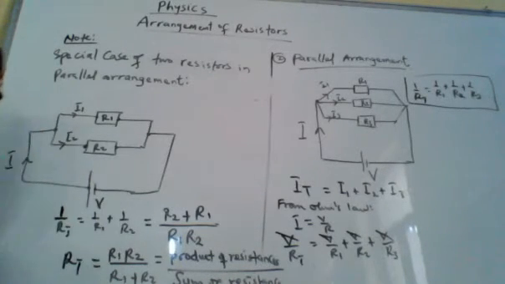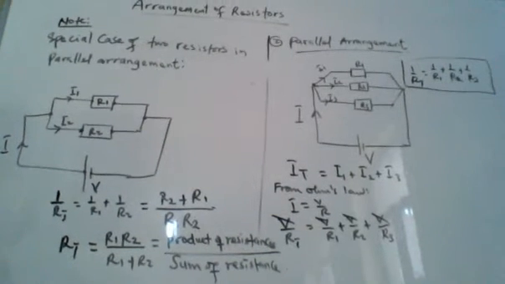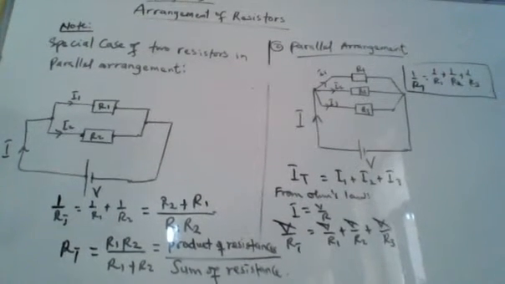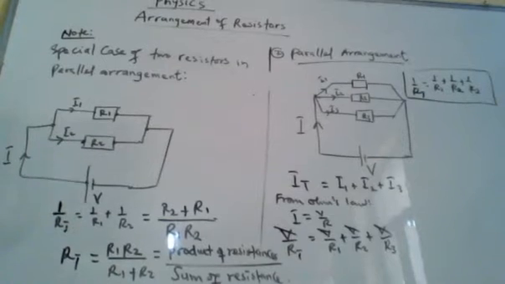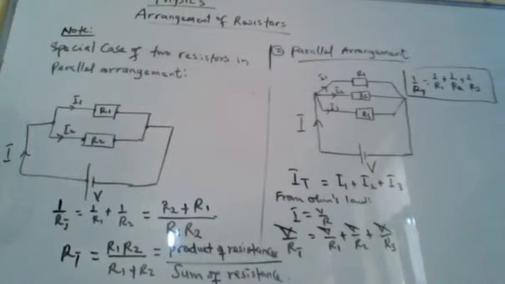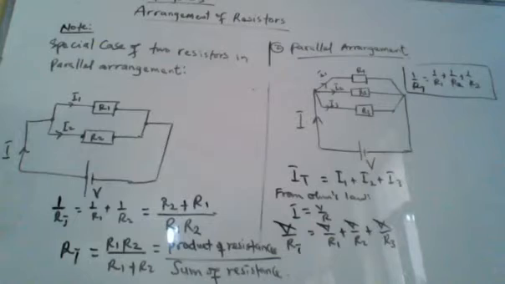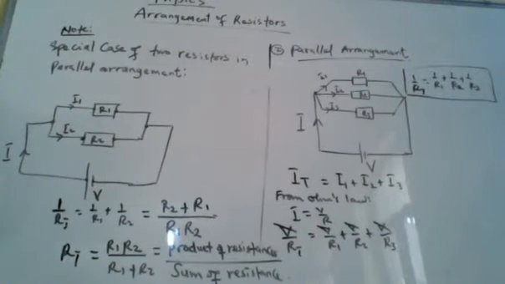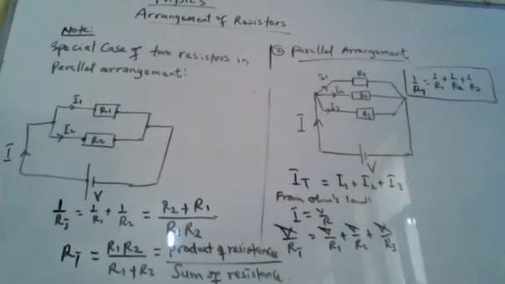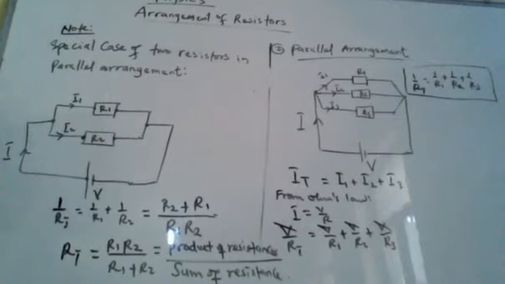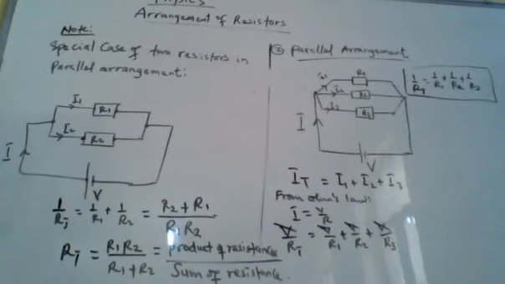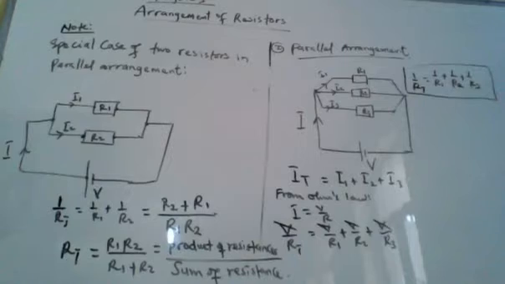This formula is only used when you have a case of two resistors that are connected in parallel. Okay, now what we're going to be looking at in the next slide is how we can solve problems with these arrangements, parallel arrangement and series arrangement.